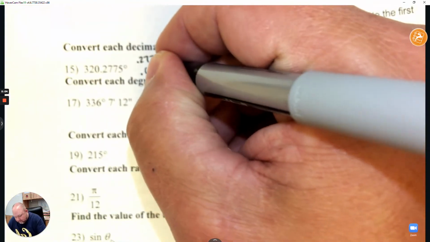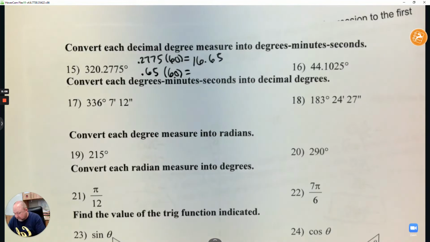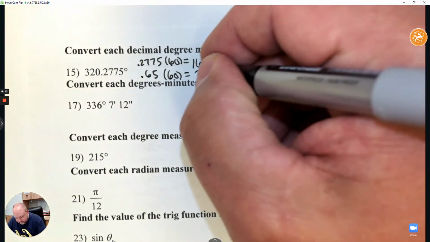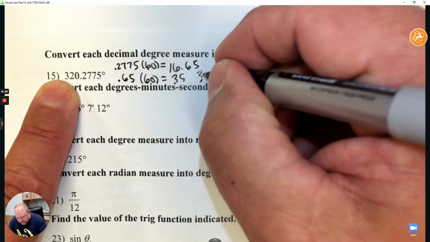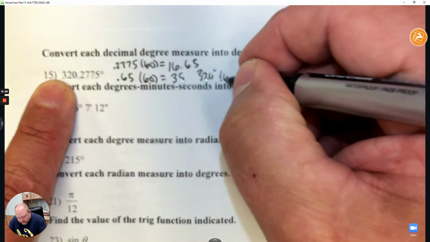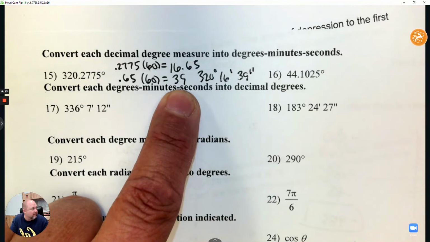Then take that decimal that you still have, multiply it by 60. So just 0.65 times 60. And then those are the numbers you get. So it's 320 degrees, 16 minutes and 39 seconds. And there's your answer.